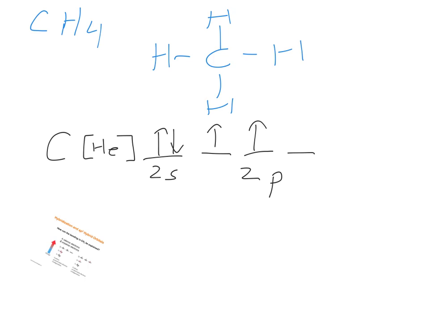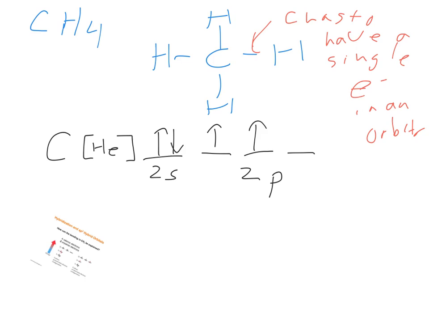For each one of these single bonds we have up here, in order for them to form, carbon has to have a single electron in an orbital. For every single bond carbon forms, it has to have an orbital that contains only one electron.